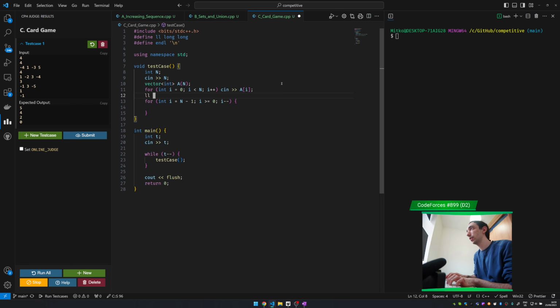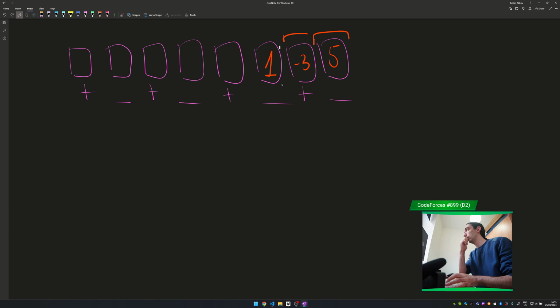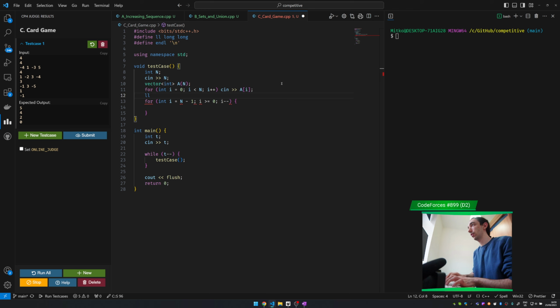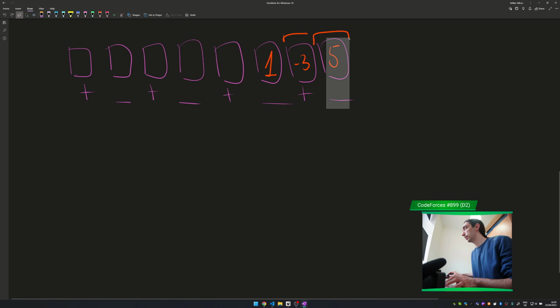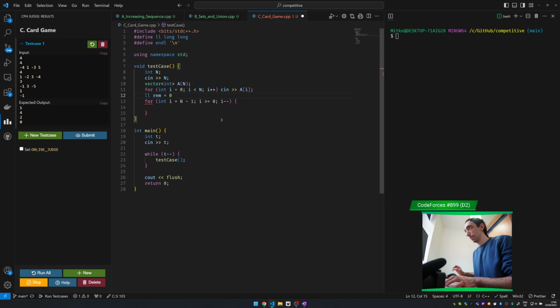And now here's the thing. I need to keep track of the integers in the remaining, what is remaining, and what to get.